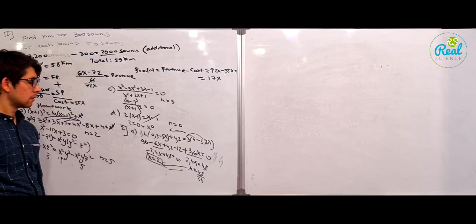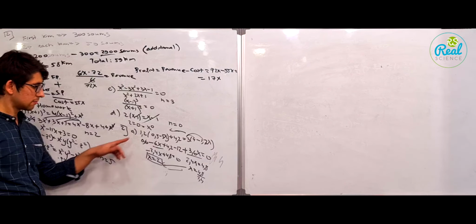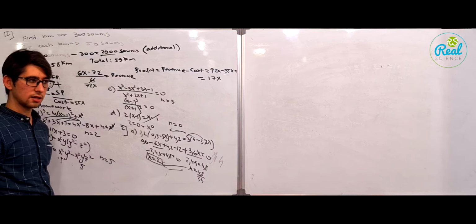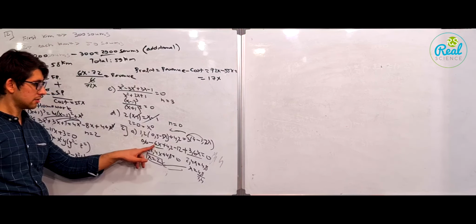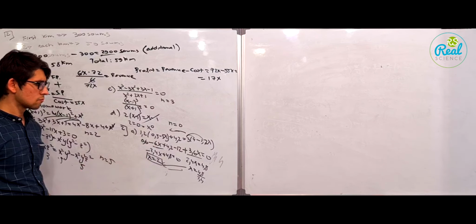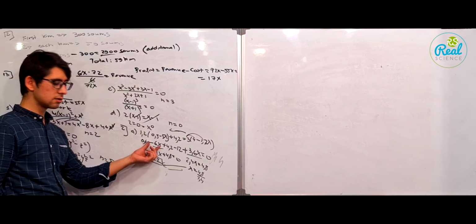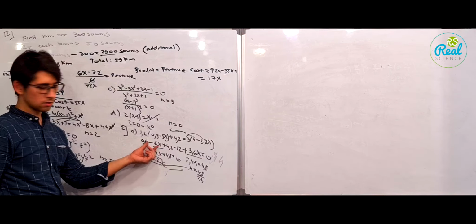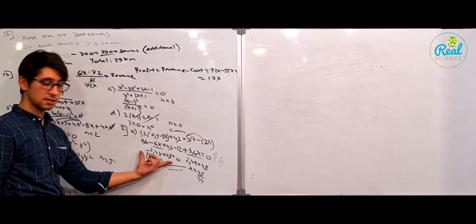Okay, where did we make the mistake? Let's check here, okay guys? 7.2. No, it is 7.2. Yes, it's minus. Okay, is it correct? Yes, it's correct. All of this line is correct, right? Then we have the mistake here, right? Yes.